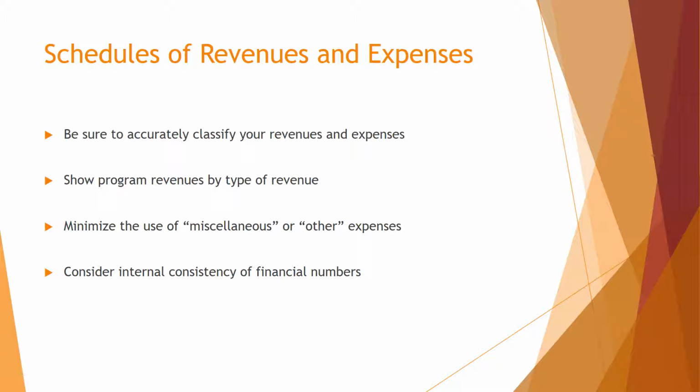The other thing to consider is the consistency of financial numbers. And what I mean by this is if you, for example, have a 990 that uses a paid preparer and you hire a CPA or enrolled agent to file your return, and then you go to the expenses page and it says that you spent $0 on accounting, well, there's sort of a mismatch there where we can see on page 1 that you've spent the money and then it's not showing up anywhere.